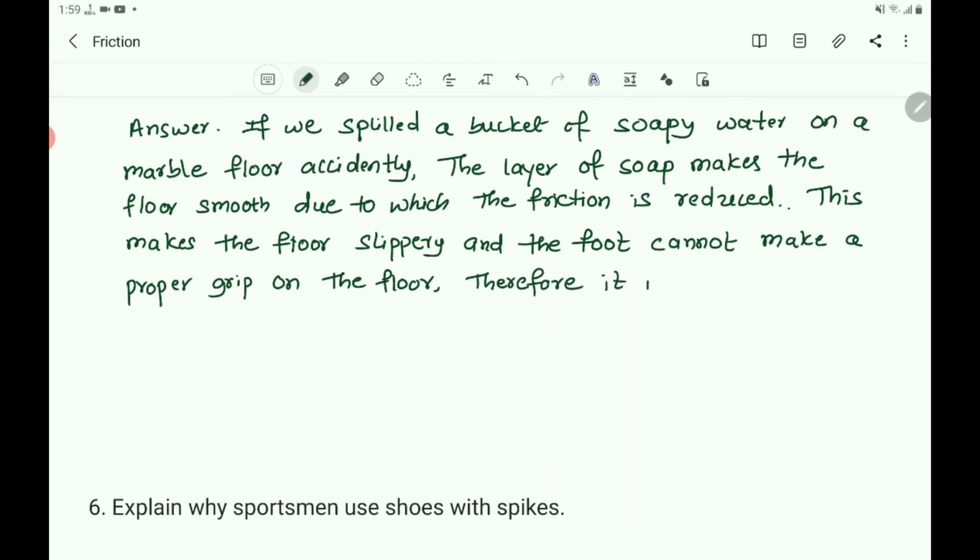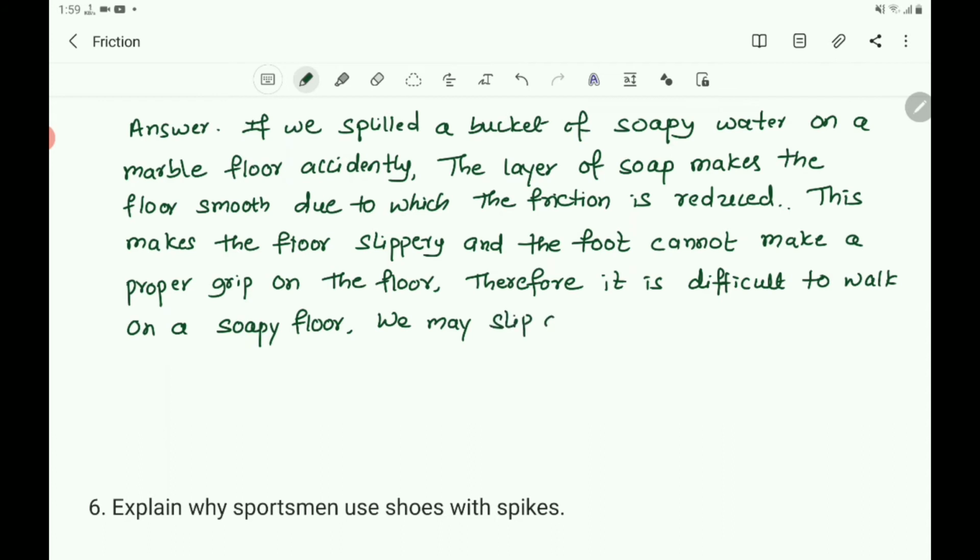Therefore, it is difficult to walk on a soapy floor. We may slip on the floor.